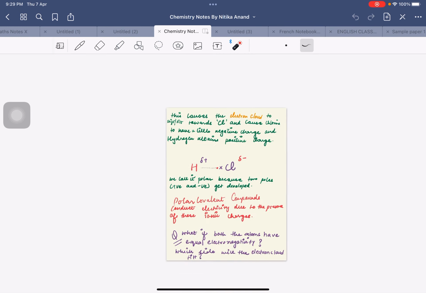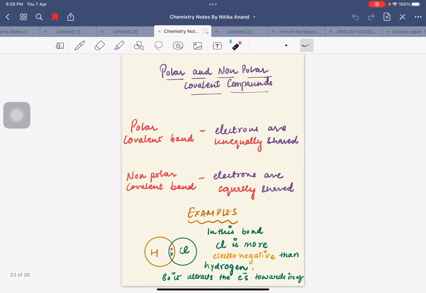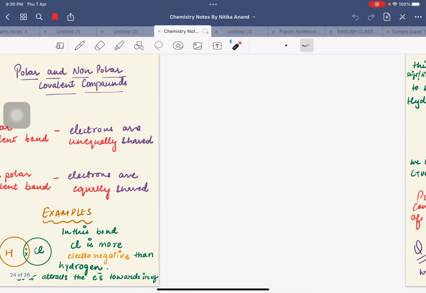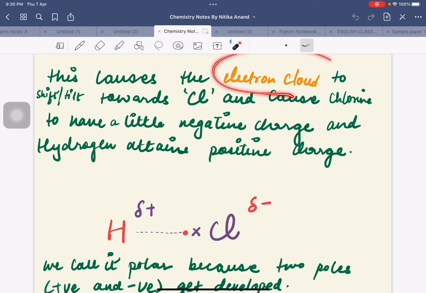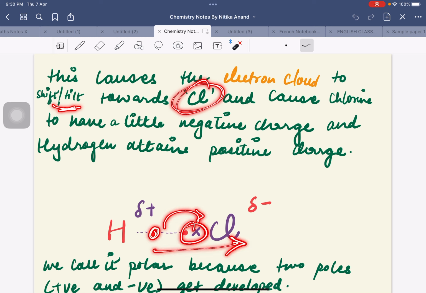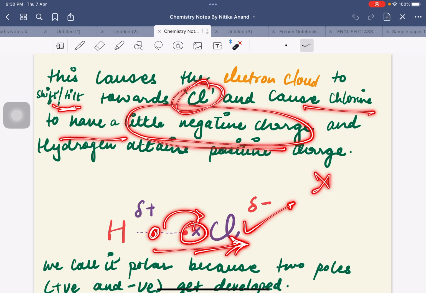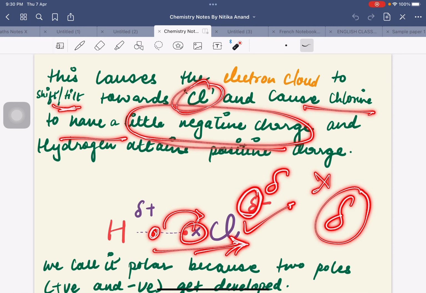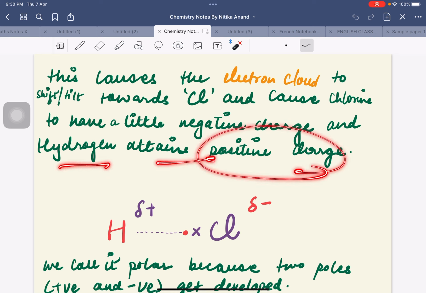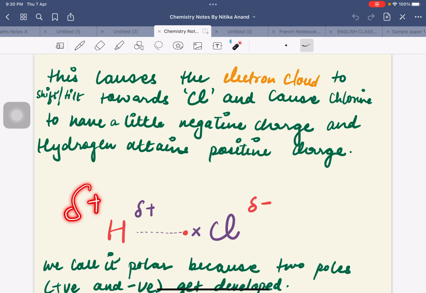So in this bond, chlorine is more electronegative than hydrogen, so it attracts the electrons towards itself, which causes the electron cloud to shift or tilt towards chlorine. It caused chlorine to have a little negative charge, not a complete negative, which is represented by the symbol delta. And hydrogen attains a little positive charge. So here, delta positive and delta negative.